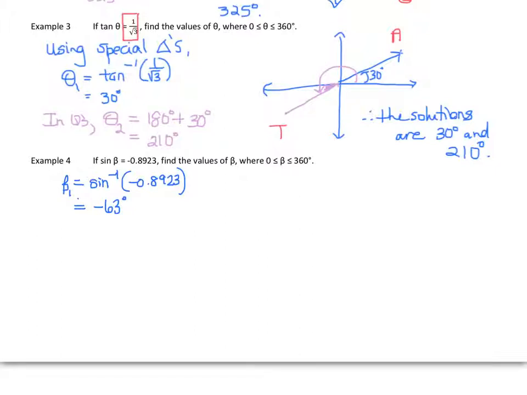But we notice that beta has to be between 0 and 360 degrees. So the negative 63 degrees is not going to be part of our solution. We can't use that one. So let's make a note of that. But we know that beta is in between 0 and 360 degrees.